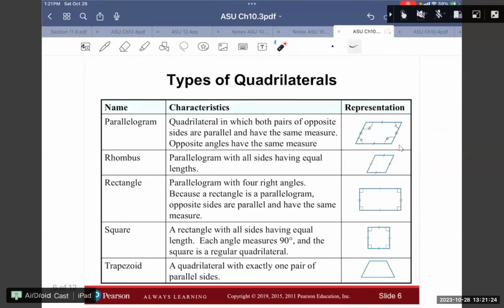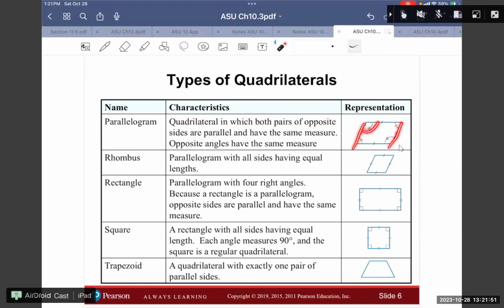So we have a parallelogram, a quadrilateral in which both pairs of opposite sides are parallel and have the same measure. Opposite angles are also the same measure. So you see this side is parallel, and it also has the same measurement.